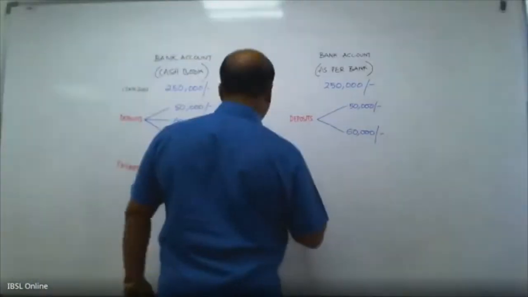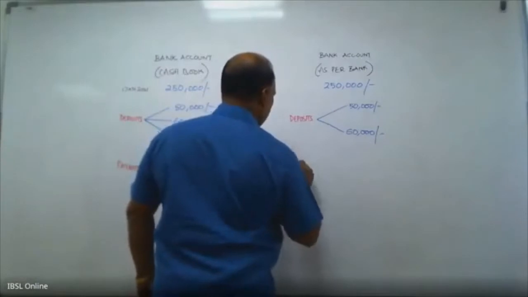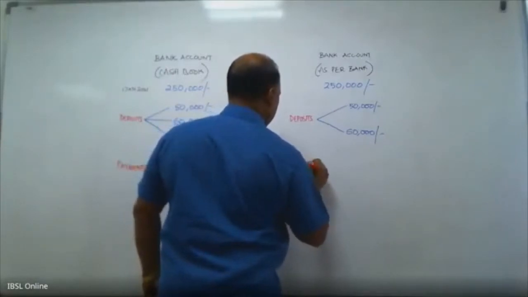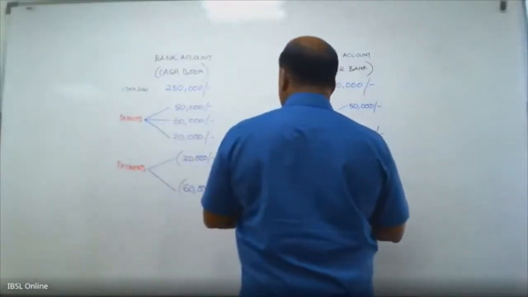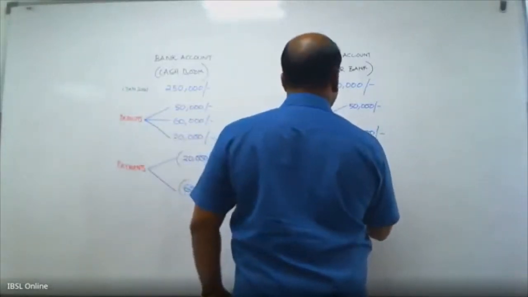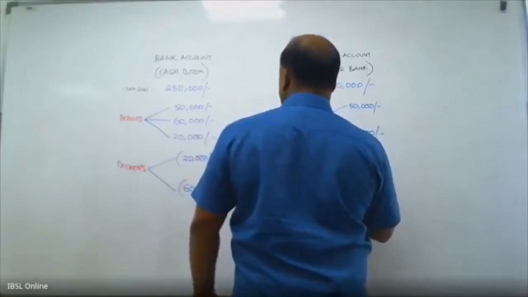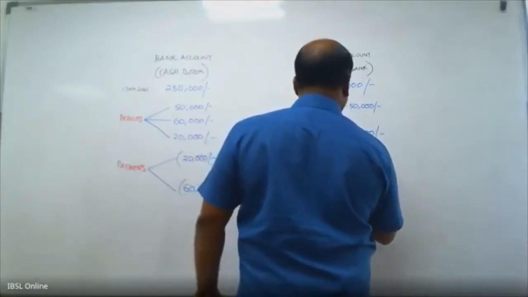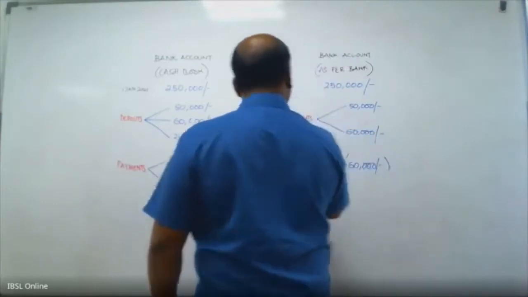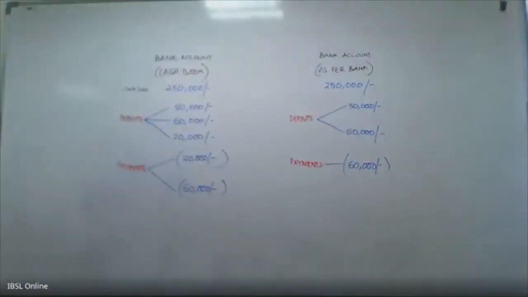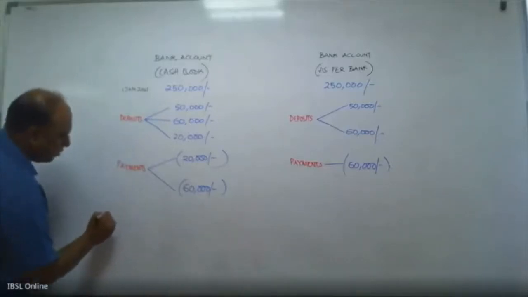Here also the 60,000 has come. Right? Now, what is the closing balance here?